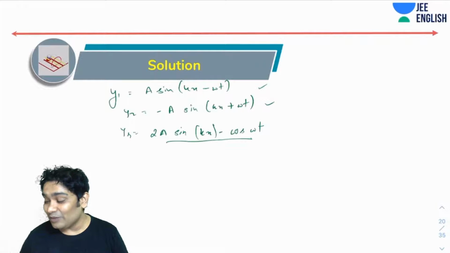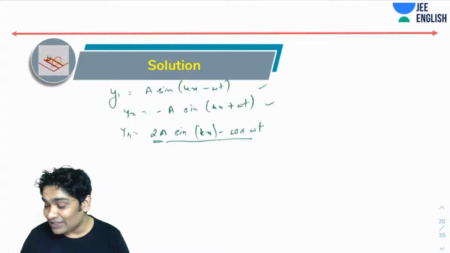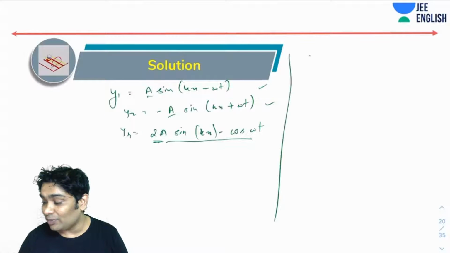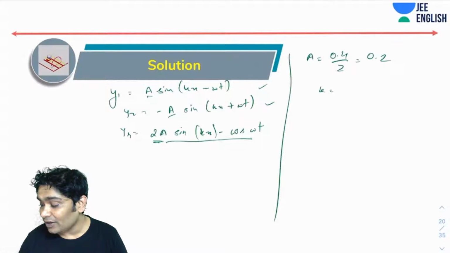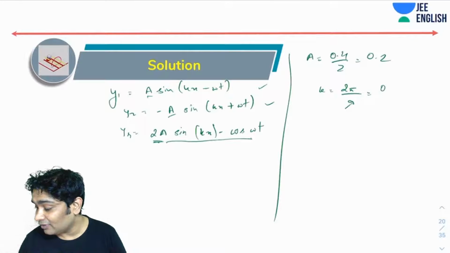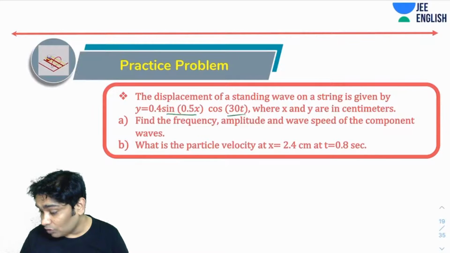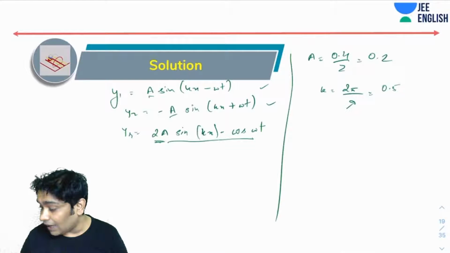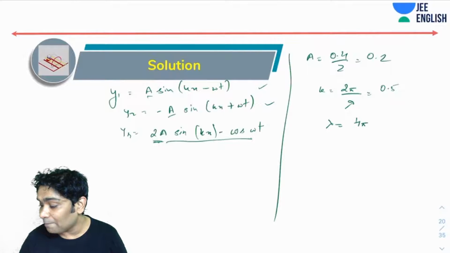Anyhow, if I knew this, then I could find the individual amplitude. Obviously the answer would be 0.4 over 2, which is 0.2. How about k? Obviously k would be 2 pi over lambda, and that would be 0.5. So from here I could find my lambda. Lambda would be 4 pi.